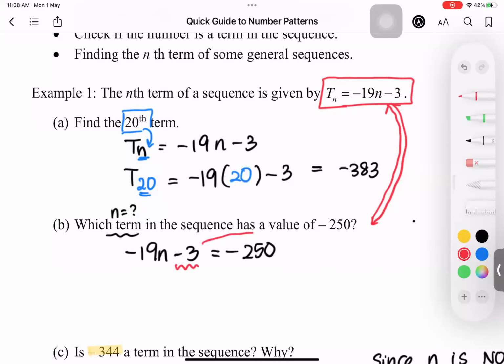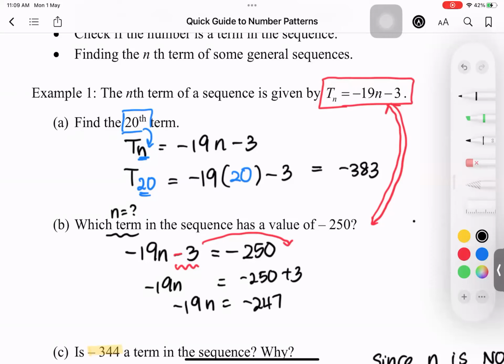In this case, I will shift my negative 3, bring it over. Subtract 3 becomes add 3. So negative 19n equals negative 250 plus 3. Negative 250 plus 3 gives me negative 247.